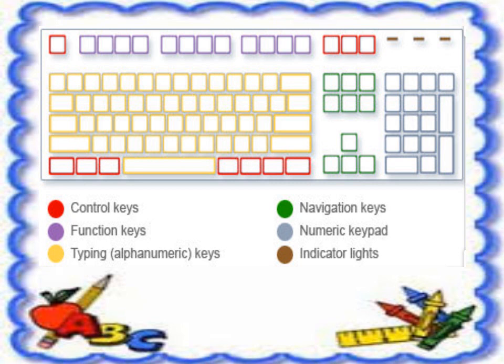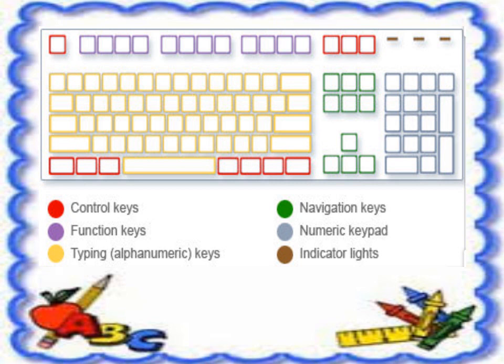With the purple color, the keys are called the function keys. And the keys with the yellow color are called the typing keys, or we can say alphanumeric keys, because alphanumeric is self-explanatory. It tells us that they have alphabets and numbers as well.